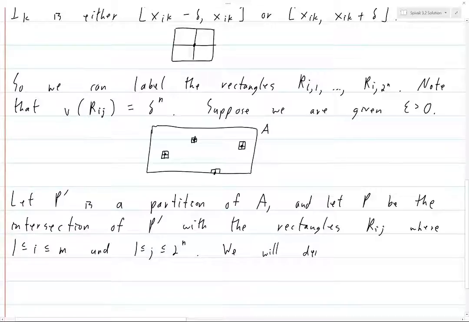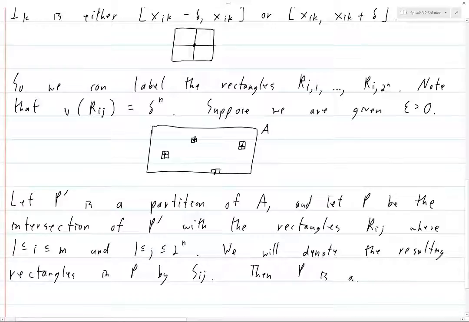We will denote the resulting rectangles in P by Sij. Then P is a partition of A as well. And in fact, it's a subpartition of P prime.